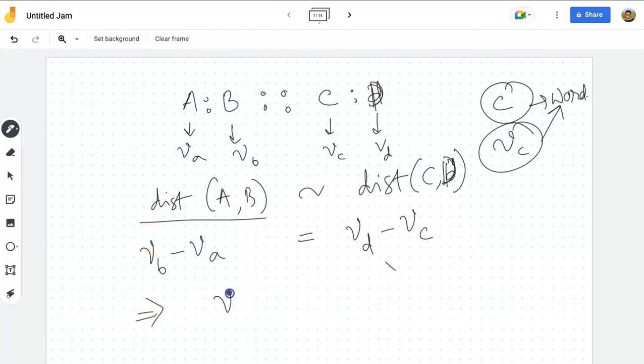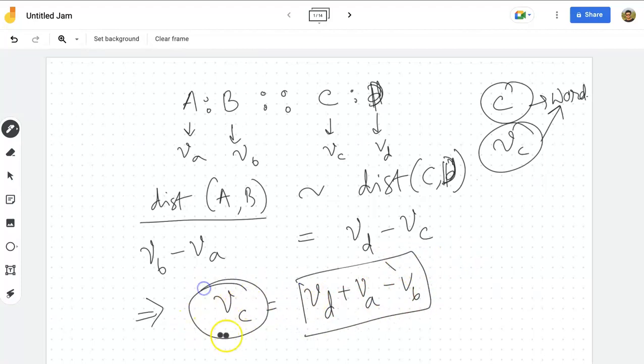Taking it here, VC equals VD plus VA minus VB. Now we know the embedding of VC. Now how will you get the word corresponding to VC?